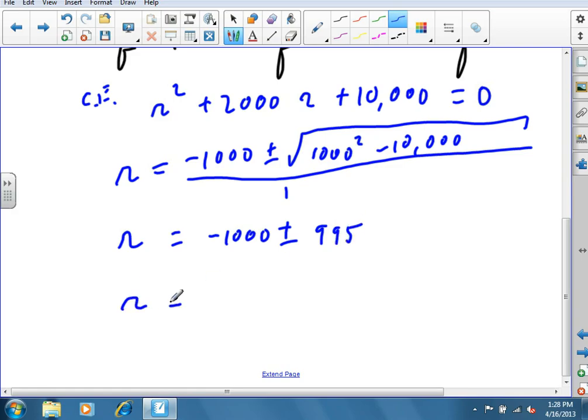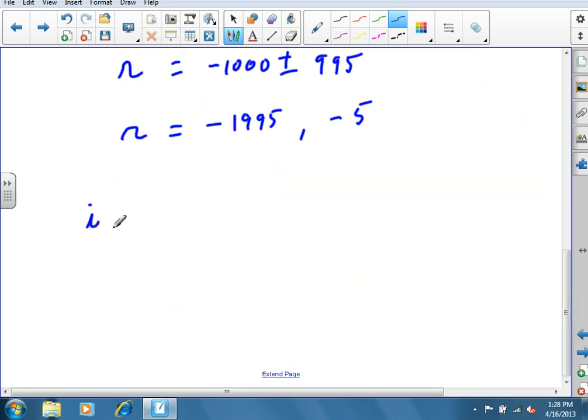So r is going to equal minus 1995 and minus 5. Those are my two choices. So I of t is going to be C1 e to the minus 1995t plus C2 e to the minus 5t.